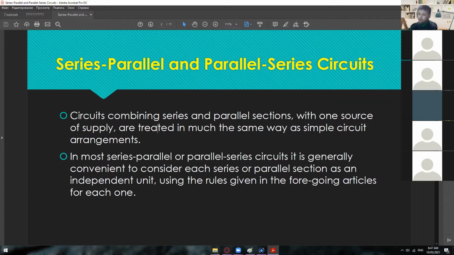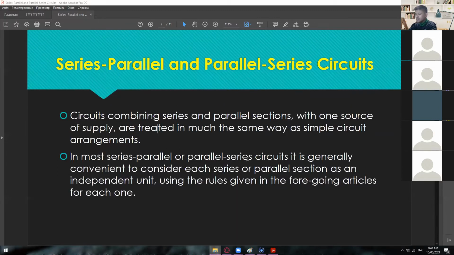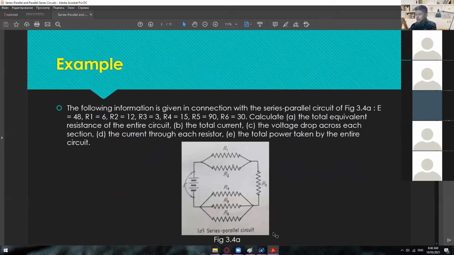Okay, so in most series parallel or parallel series circuits, it is generally convenient to consider each series or parallel section as an independent unit, using the rules given in the foregoing articles for each one. So for example, pag sinabi nating independent unit, like for example this one, you can consider this one as one unit, or one section, wherein this is parallel, right?